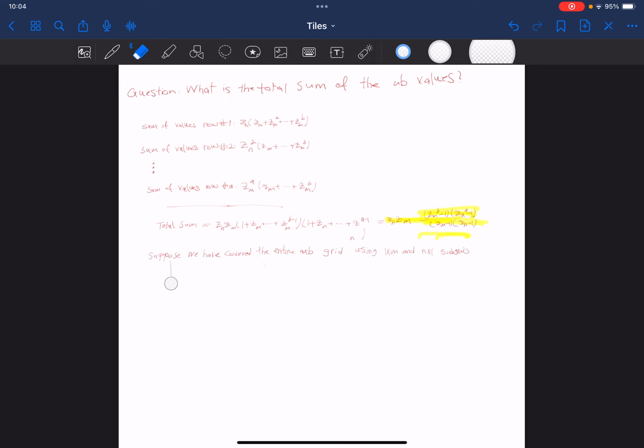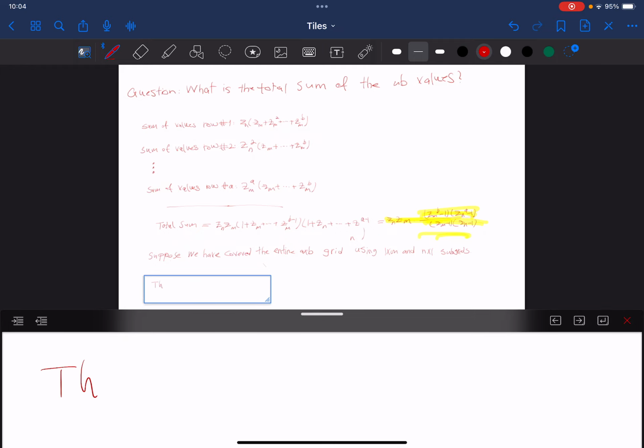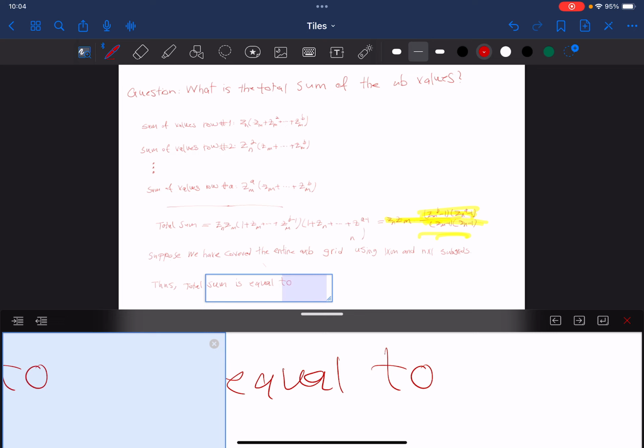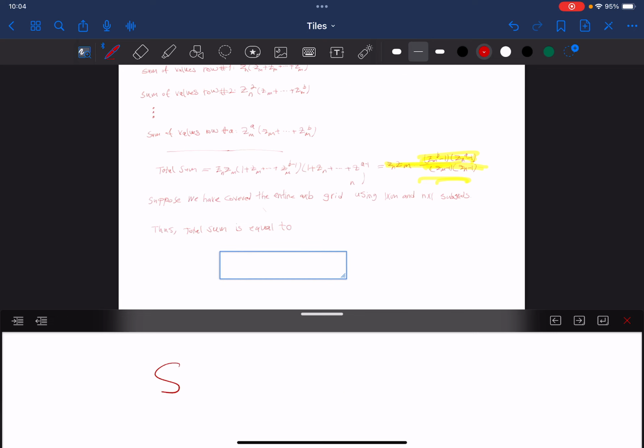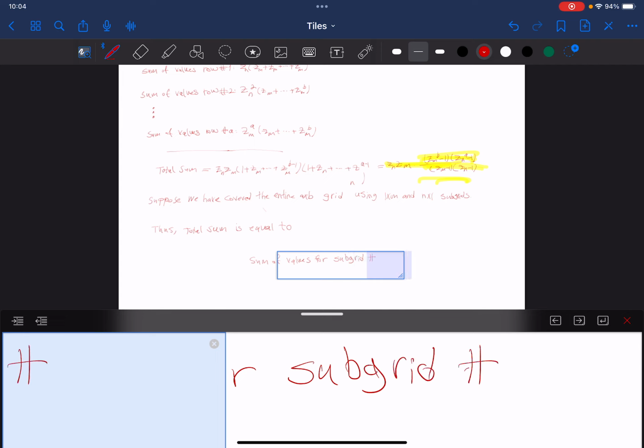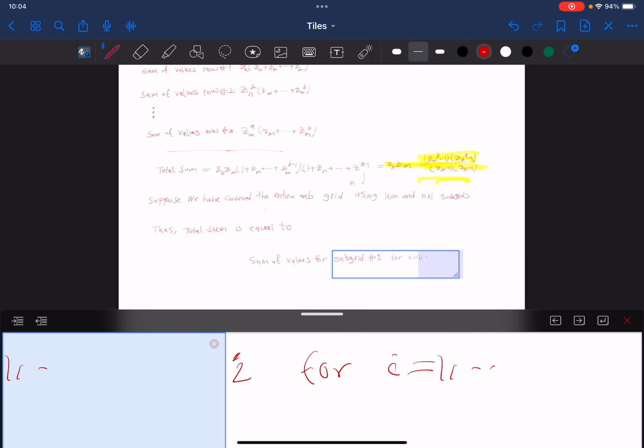Thus, the total sum that we have computed here is equal to the sum of values for subgrid number I, for I from 1 to t.